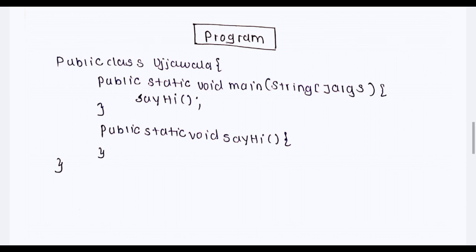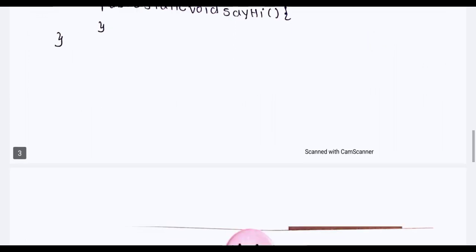Public static void main we are using as a public access specifier. So hence I have printed here say hi only. So it is publicly used, and static void say hi only. Here the main method is not taken. So yeah, this can be the example for you guys. So thank you so much.